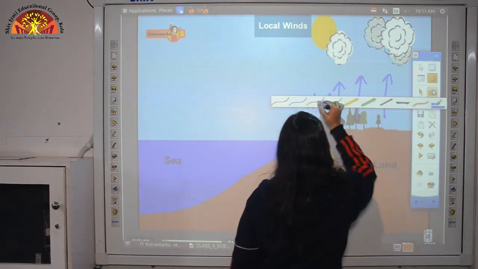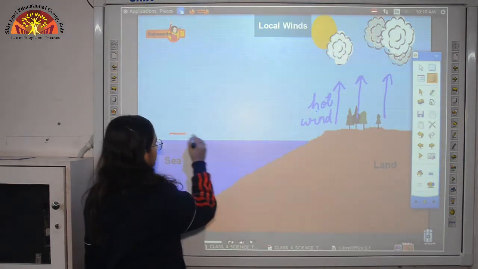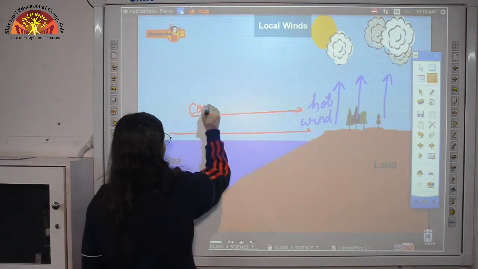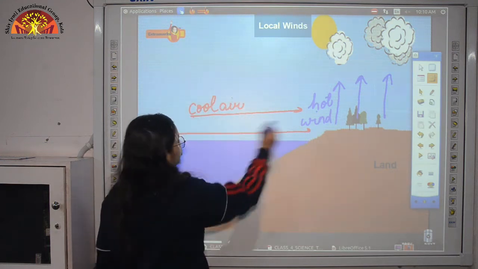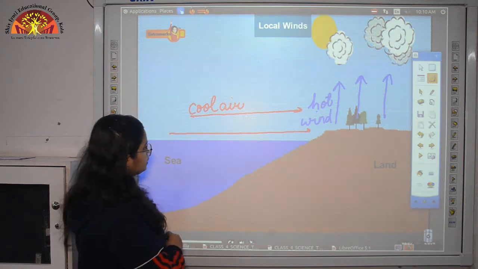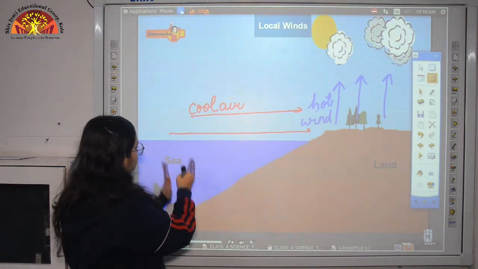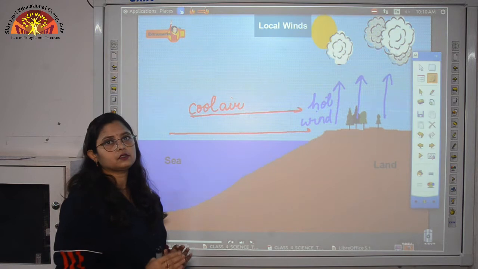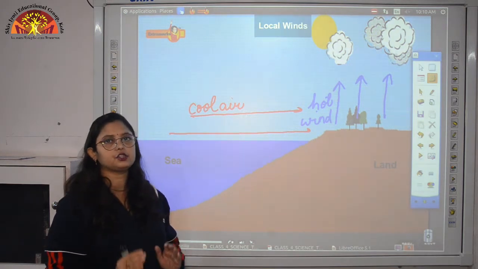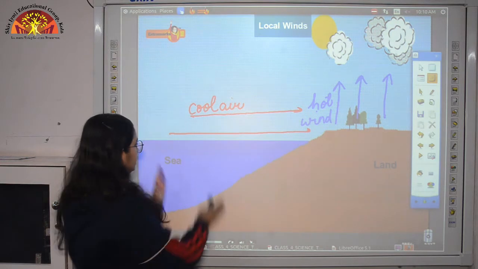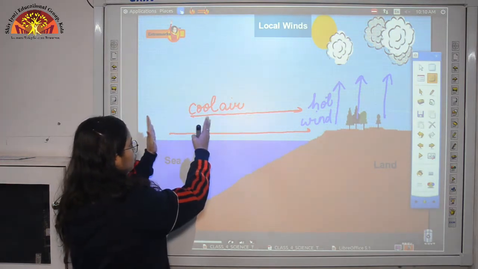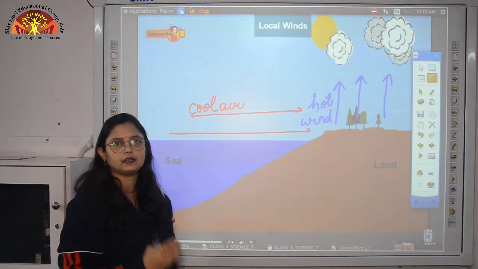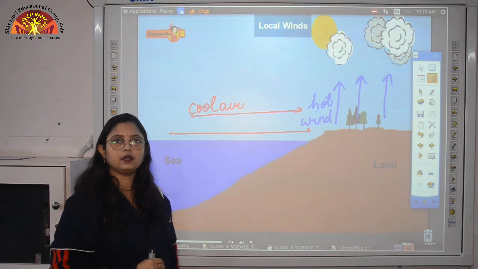So this air tends to move towards the land. Here cool air moves towards the land. So you can see children, the wind from the sea starts blowing towards the land. This type of breeze is called sea breeze and it occurs during the daytime. The cool air blows from sea to land, and this is called sea breeze, and it occurs during the daytime.